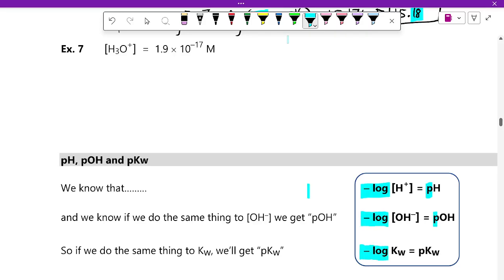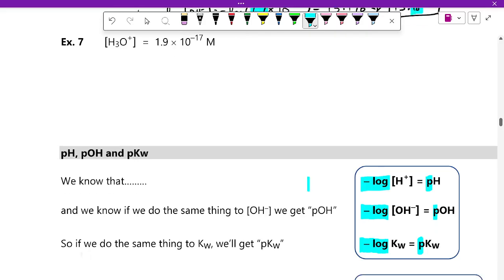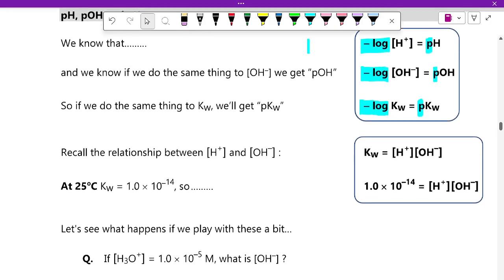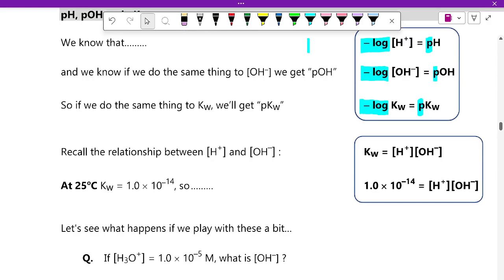Negative log of Kw gives you pKw, which is the one that people always forget. Now, we're going to play with this a little bit. You don't need to know how we derive this, but it's probably good for your brain.